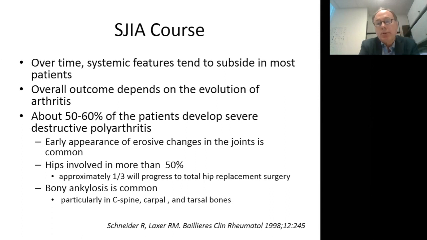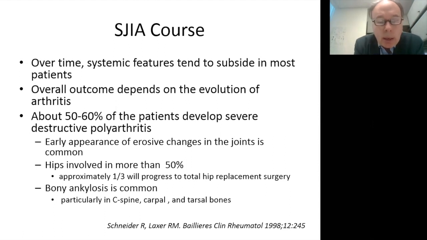In about 50% of these patients, we see very impressive hip involvement. And if it happens, about 1/3 of those patients would need a total hip replacement surgery before they become adults. And another strange and sort of perplexing feature of systemic juvenile idiopathic arthritis is a rather high prevalence of what we call bony ankylosis, when bones fuse and the patients lose the ability to move their joints.